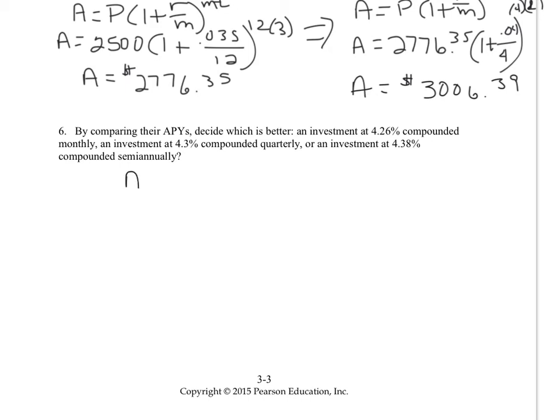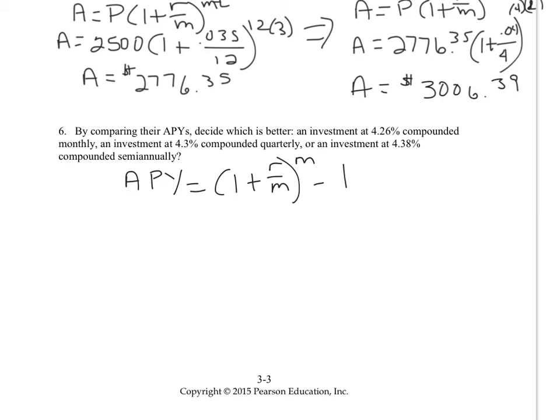Now to do that, we need that formula for finding the APY. And all we have to do is take 1 plus R over M, raise it to the M power, and subtract 1 from it. That's how we can come up with the effective rate.